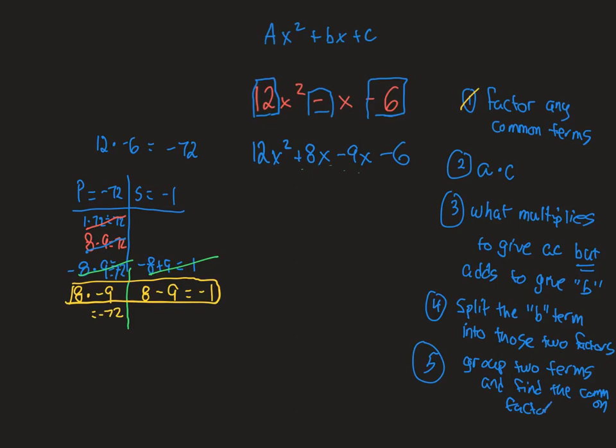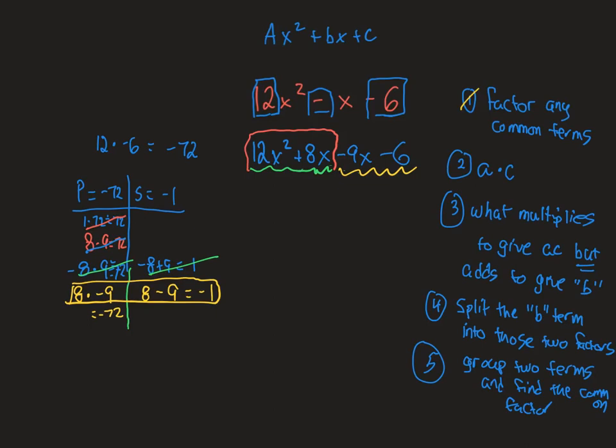Okay, so we can do any grouping you want. So in this case, I'm going to go 12x squared plus 8x and minus 9x minus 6. You always want to try to make it 2 and 2. So in this case here, I only concern myself with 12x squared plus 8x. Forget about the other one right now.